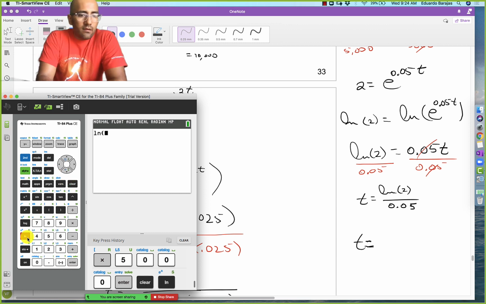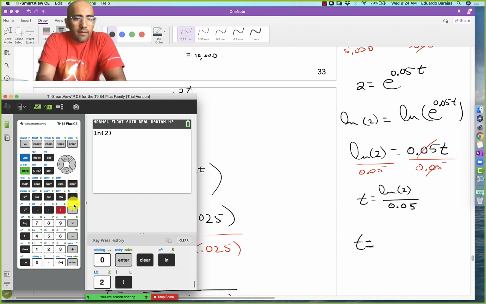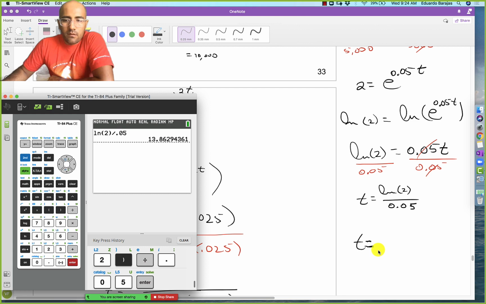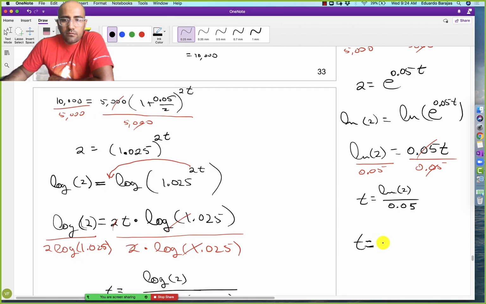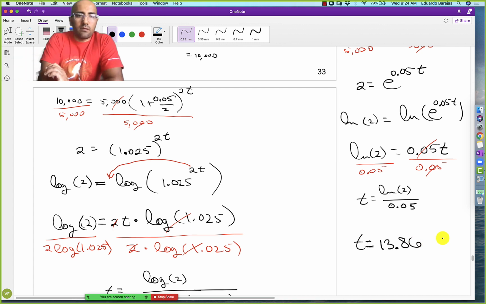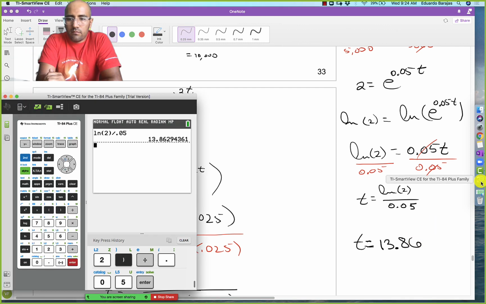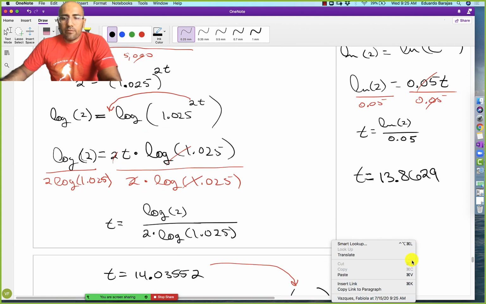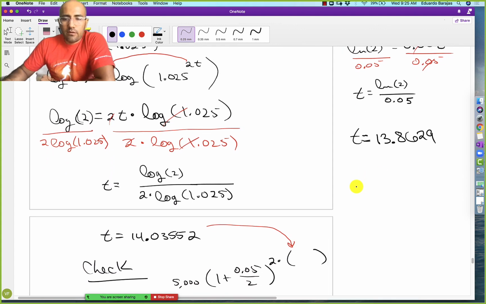So we want ln of 2 divided by 0.05. I'm getting 13.86 something, 13.8629.